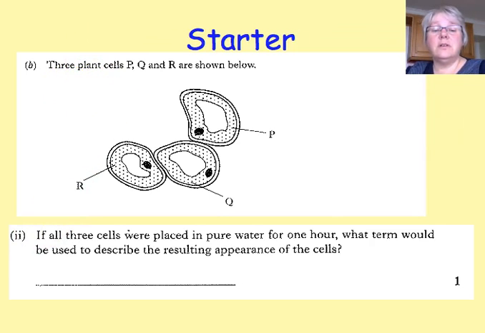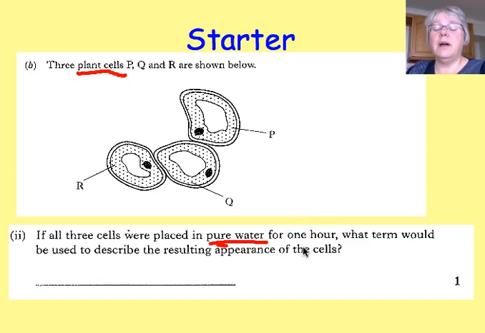It tells you here that 3 plant cells, P, Q and R, are shown below. Now the first thing to note is it's a plant cell, and it's an osmosis question, because it says if all 3 cells were placed in pure water, so we know it's osmosis because it's talking about water, for an hour, what term would be used to describe the resulting appearance of the cells?